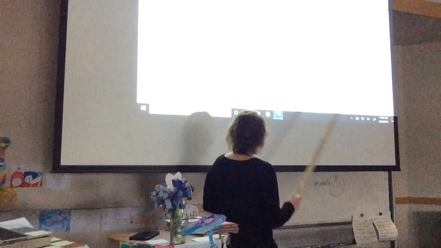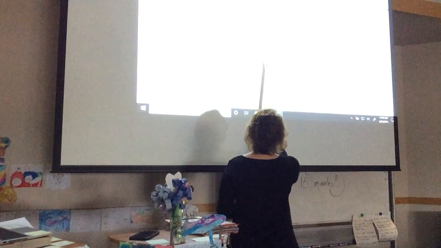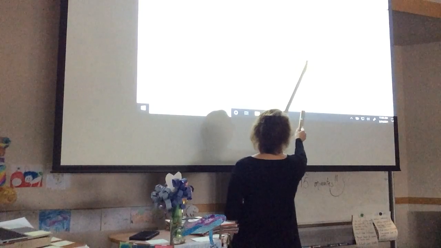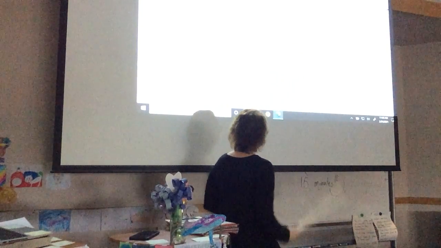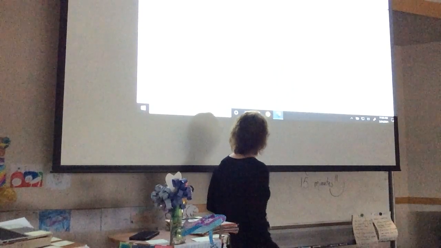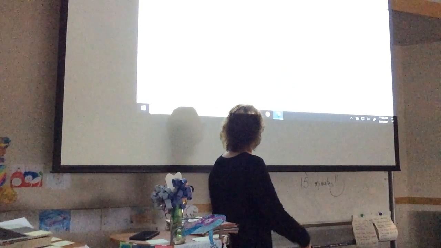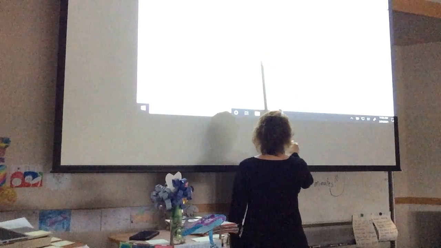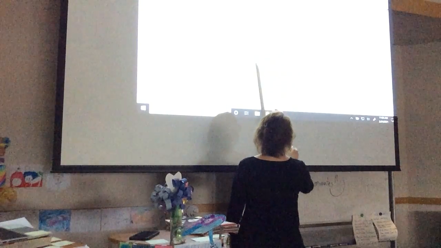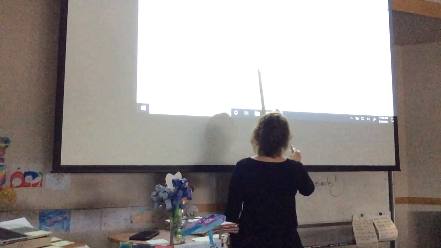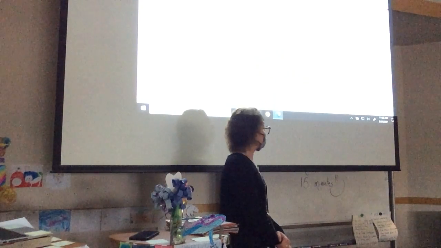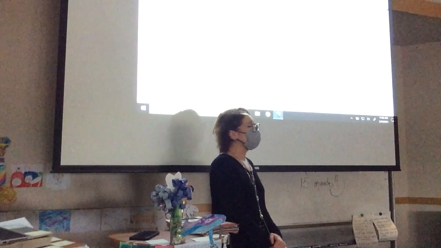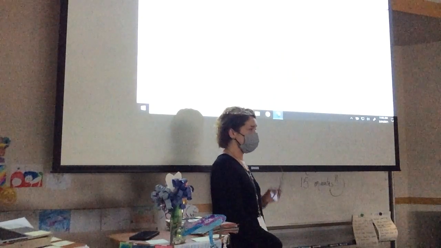Yes. So 1/2 of 12. 1, 2, 3, 4, 5, 6, 7, 8, 9, 10, 11, 12. So if you're doing 1/2 of 12, we have two groups of how many ladybugs? How many ladybugs in each group if you're doing 1/2 of 12?